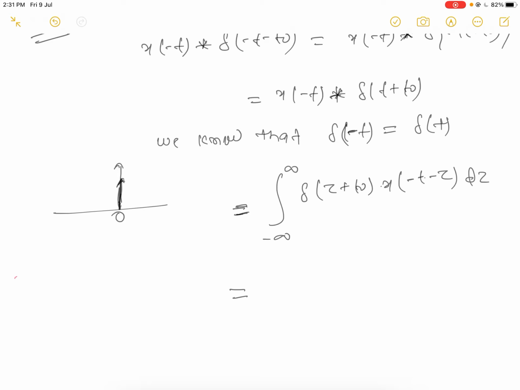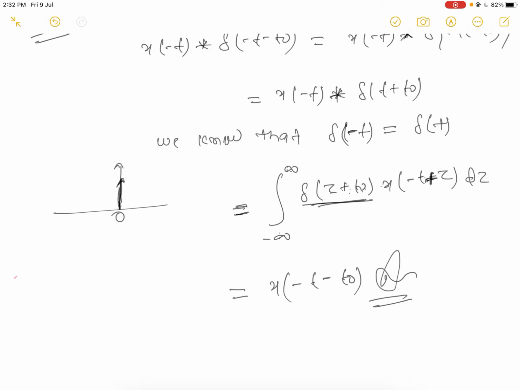Now apply the convolution property: the impulse is shifted by t0, and this shifting range comes under the limit. So x(t minus t0) will be the answer.